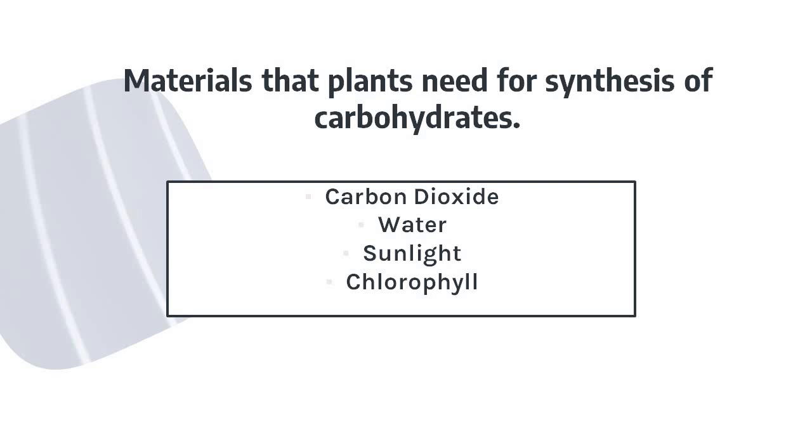No. Not only carbon dioxide, plants need some more materials for the synthesis of carbohydrates. These are the materials plants need. Carbon dioxide and water are the two main components for the synthesis of carbohydrates. Sunlight and chlorophyll help in the synthesis.